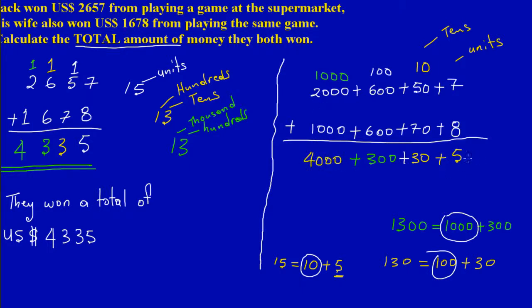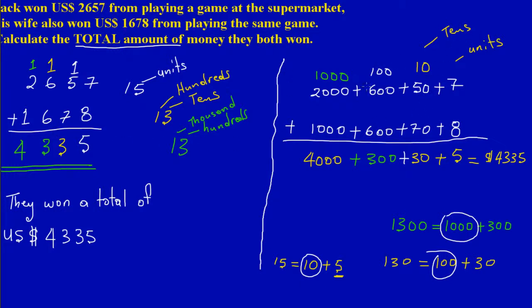Okay, and if you look at it just the same, you would say 4,000 plus 300 is 4,300, and plus 30 would give you 4,330, plus another 5 would give you 4,335. Okay, so we would have a total of 4,335. And if you notice, it's the same answer we got over there.